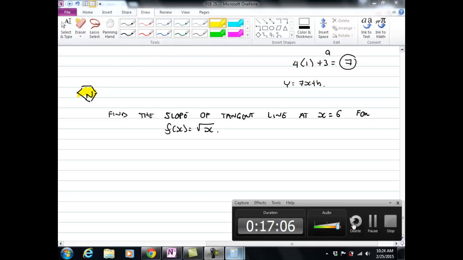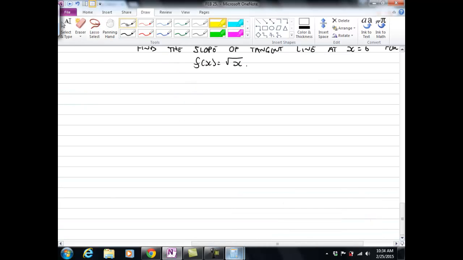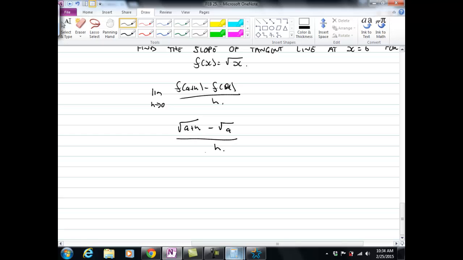I'm going to pause it. If I go, I'm going to use my formula: the limit as h approaches 0 of f of a plus h minus f of a over h. Oh, sorry, f of a. So now this becomes root of a plus h minus root a over h. I can't sub it in yet because I get undefined. So I've taught you a technique before, and this was the conjugate technique.